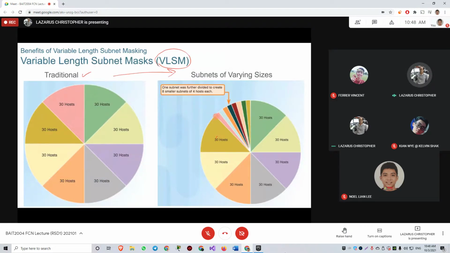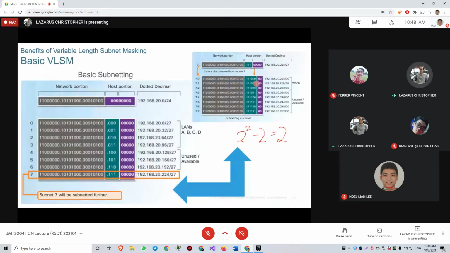So you have to start from .224. So starting from here, you go this way. Okay, going this way. So the 3 bits you borrowed, don't touch, because then you mess up here. So even if we look at /30, because we start from .224, we only need to look at the 3 extra bits we borrow. 3 extra bits is 2 power 3.